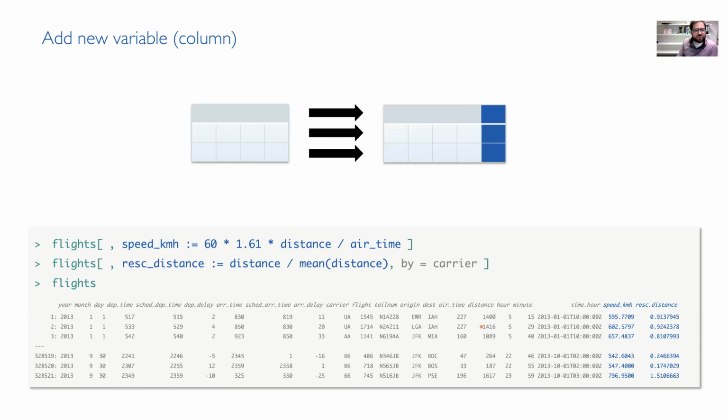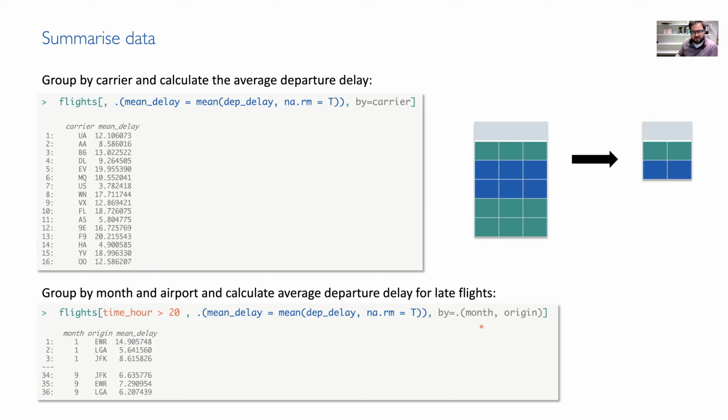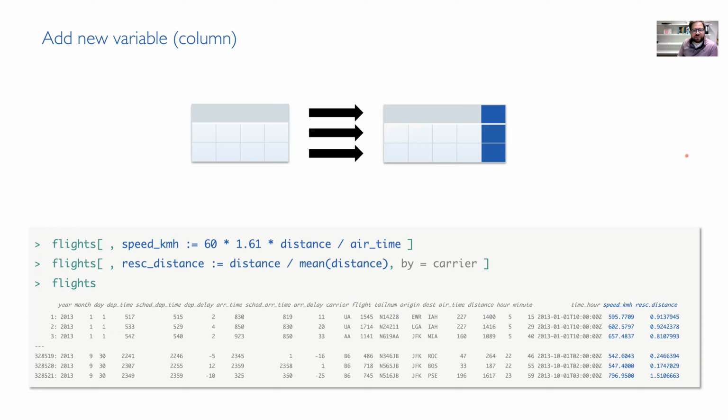Now, this was a summary statistic where we summarized several rows, all flights that have the same carrier, or all flights in a certain month and a certain airport. We summarized all of these flights into just one quantity, for example, the average delay. So we performed a summary here. What we can also do is add a new column to our table that has one new value for each row that is in the original table.